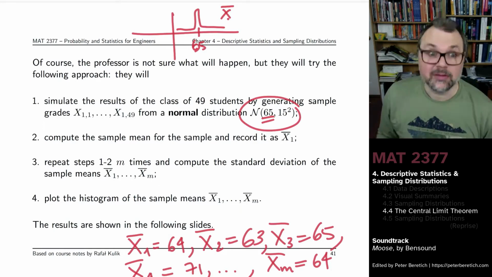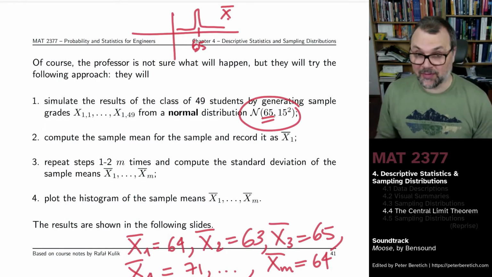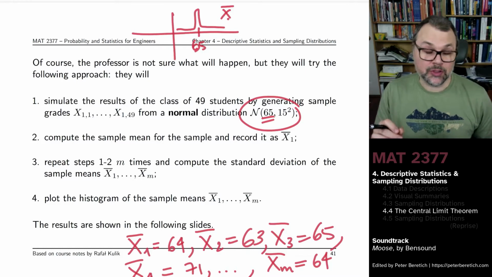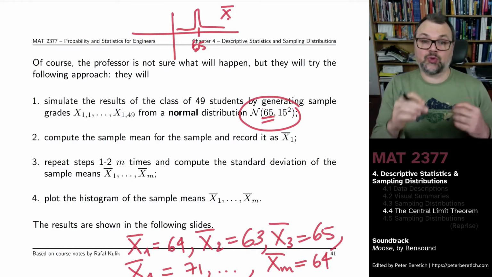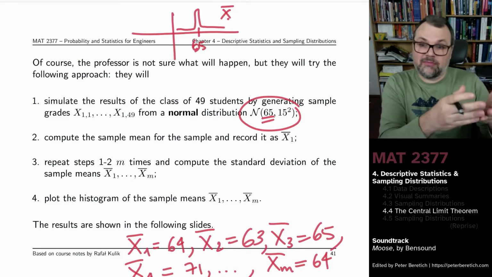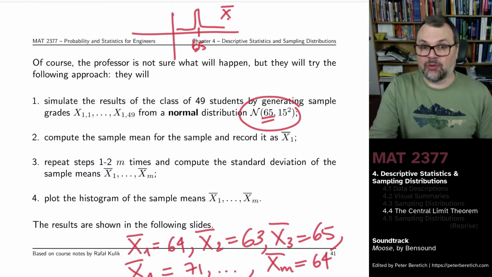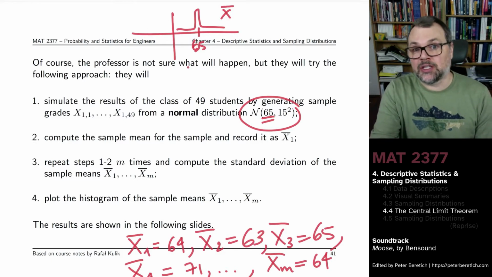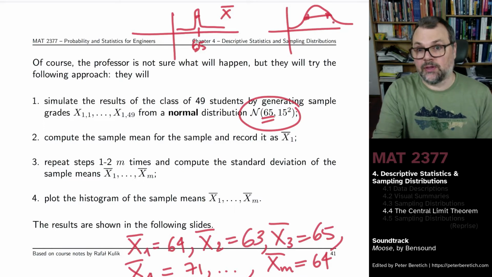If I run these steps time and time again, I get a tighter distribution than the distribution I get for the actual grades within each of the samples. So this would be potentially the distribution for all of the averages, and then the distribution for the grades might look like this, much wider compared to this.